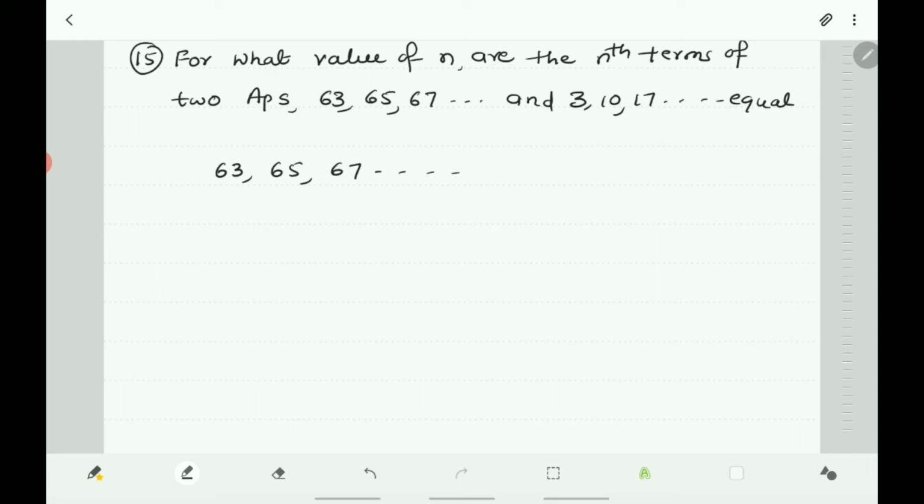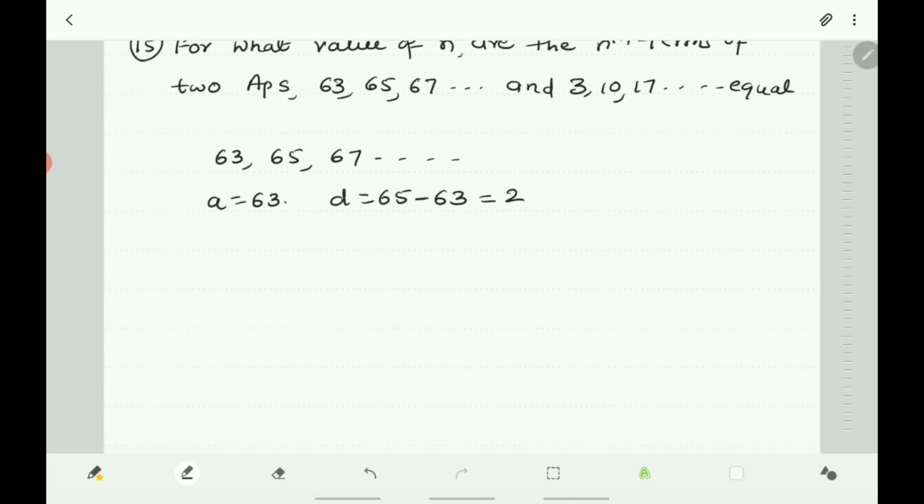Here a is equal to 63 and d is equal to 65 minus 63, which is 2. And for the second AP 3, 10, 17, here a is equal to 3 and d is equal to 10 minus 3, which is 7.